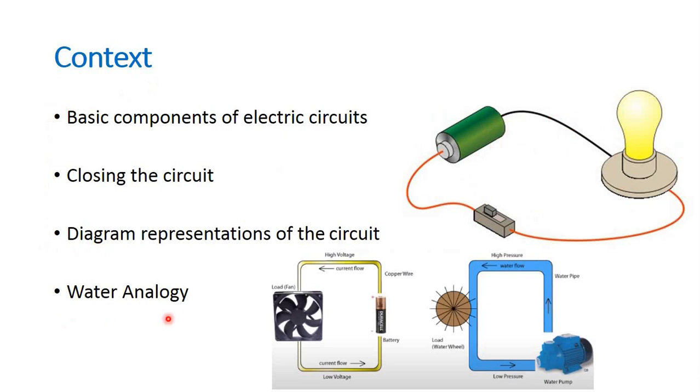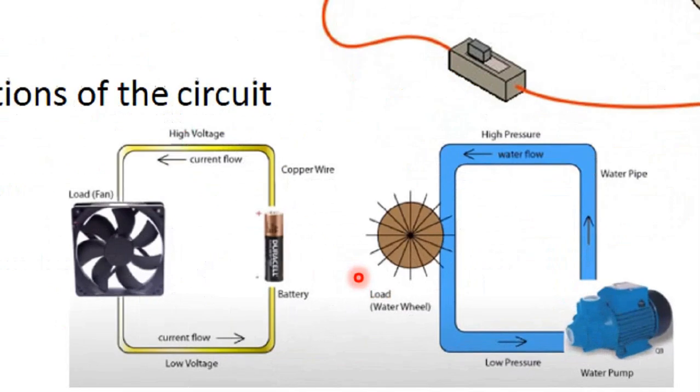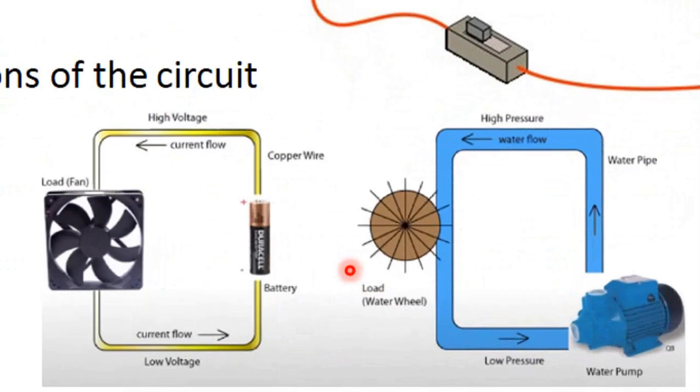In video number 2, we tackled the analogy between electricity and water, and we focused very much on this same diagram here, which I would like to say can introduce us smoothly to Ohm's law.